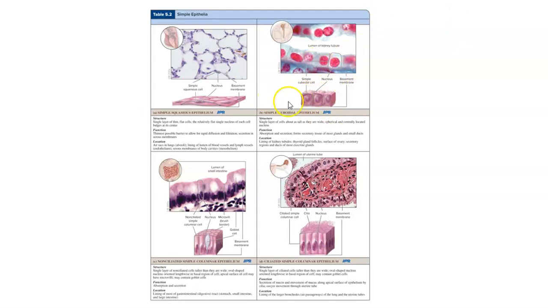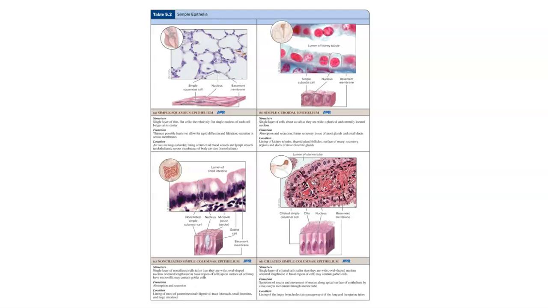Now, in picture B, we have simple cuboidal, 1 layer of boxy cells. These function primarily for absorption and secretion, and they form the secretory tissues of glands and ducts. So we find these lining the tubules in our kidneys that filter our blood.